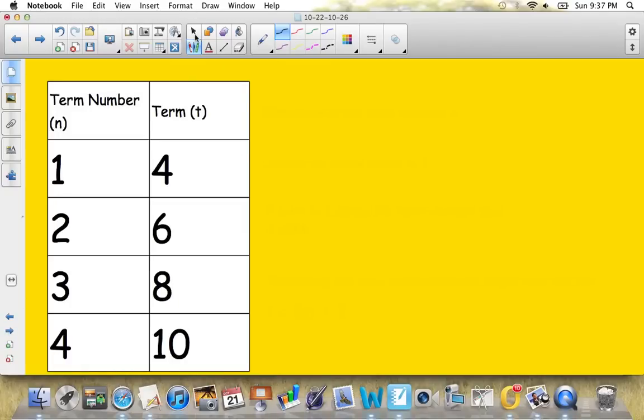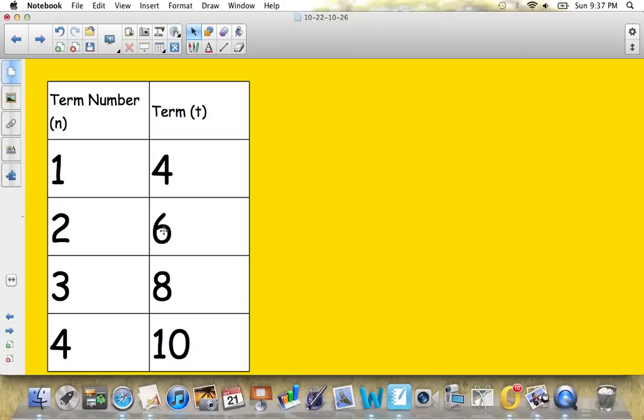Alright, let's take a look at this here. So maybe the question is something along the lines of find the 5th term, or the 10th term, or the 20th term. There's some information we've got to figure out first here. First of all, this is the term number in our sequence, meaning this number here is the first number in the sequence.